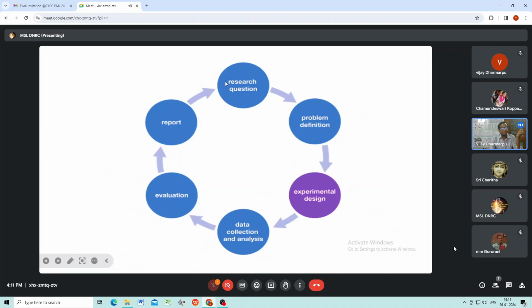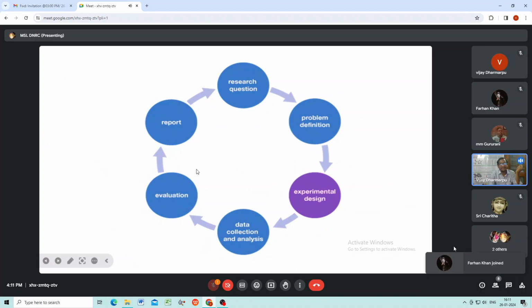So we need to present our report. Everyone wants that question. If the question is clear, the report will come out. If you break any of this chain, you cannot go with a report. We cannot present any reports.